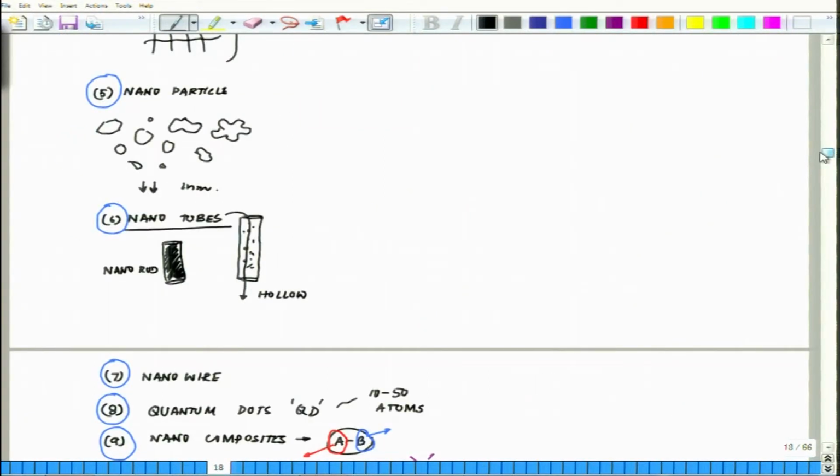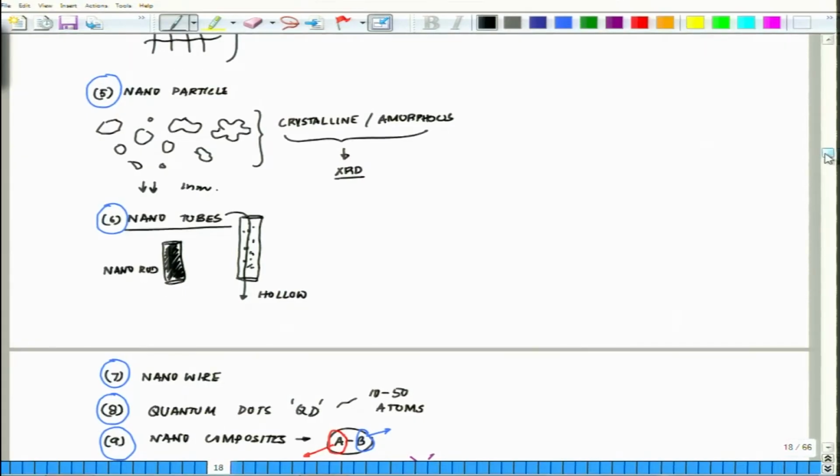Whether these particles are crystalline or amorphous, in order to understand that, your best bet is X-ray diffraction.